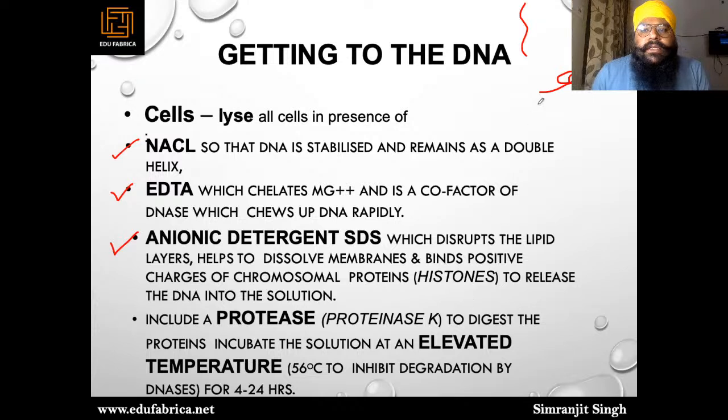So this DNA is revolving all around your histone molecule. And include a protease also, like proteinase K, which helps to digest the proteins, and incubate the solution at an elevated temperature for 4 to 24 hours.